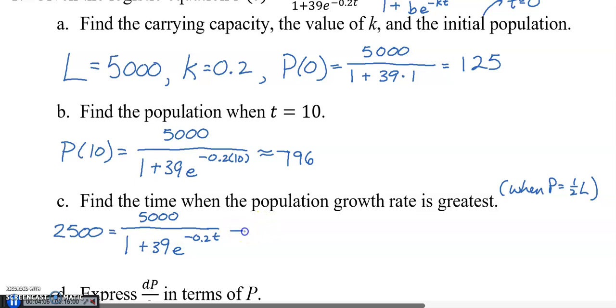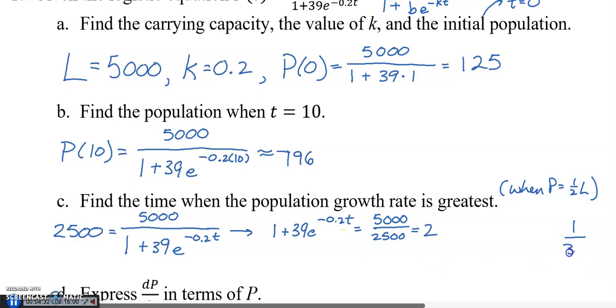We get 1 plus 39e raised to the negative 0.2t equals 5,000 over 2,500, which, because of the relationship that we started off with, we already know is equal to 2. All right, so we'll subtract 1 from the 2. We'll divide by 39.